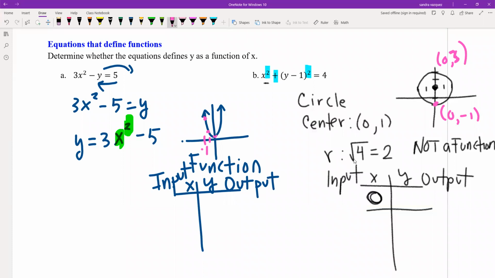So then I get 0 and 3, and 0 and -1. My input here is no longer unique. My input has 2 outputs. And for a function, this cannot happen. Your input has to be only one, and it has to be unique. That's the reason why this one is not a function.